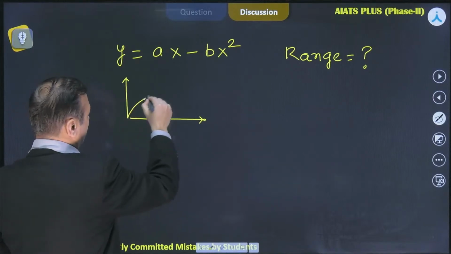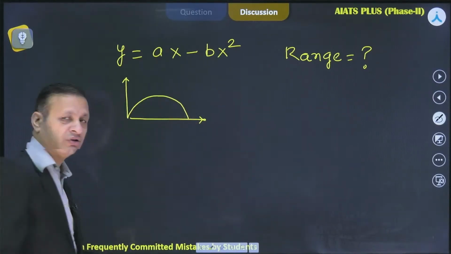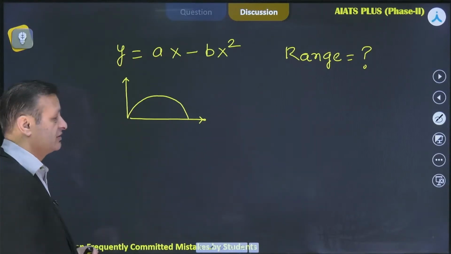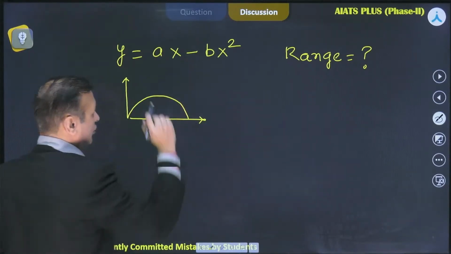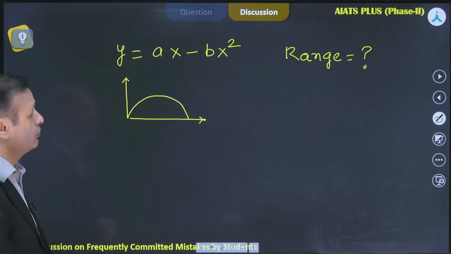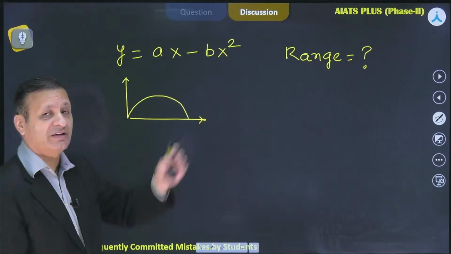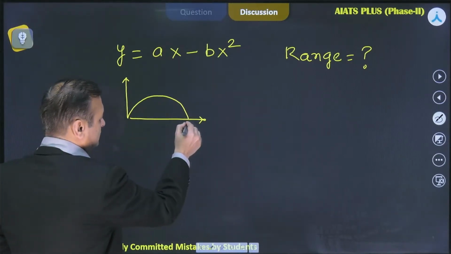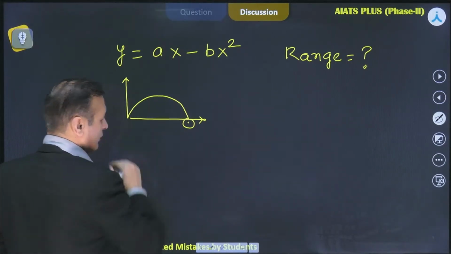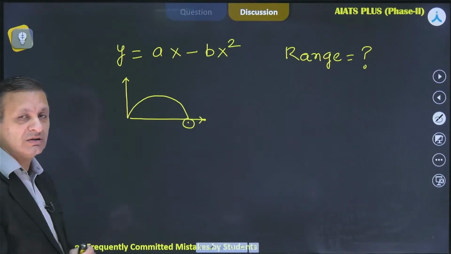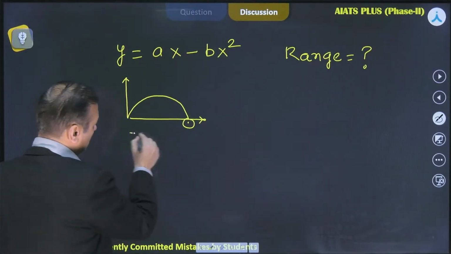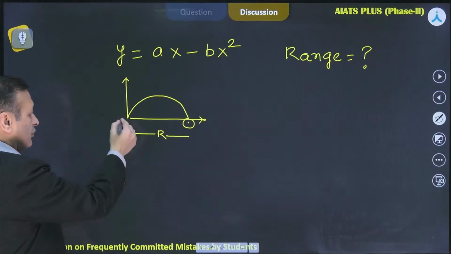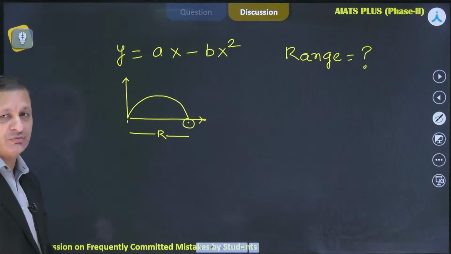If you look at this, this is basically your parabolic trajectory, and the equation of this projectile is given to you. This is a downward parabola, as the equation itself suggests. Now look at this point. It is basically referring to your range, starting from the point of projection.